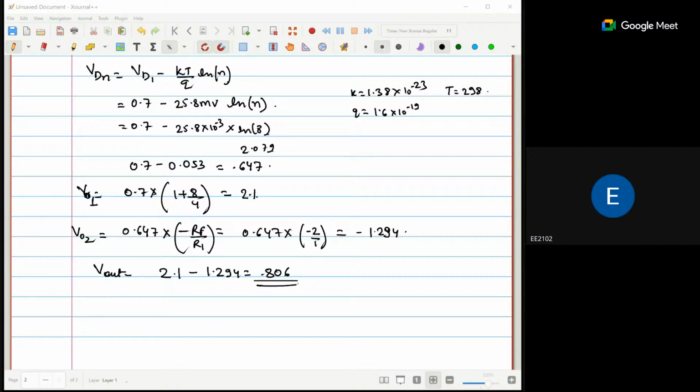Because N is equal to 8 diodes, so we use the formula. And what is the formula? KT by Q, or VT, log of N. Okay, and this particular value, if we subtract from the VD1, we get the VDN.